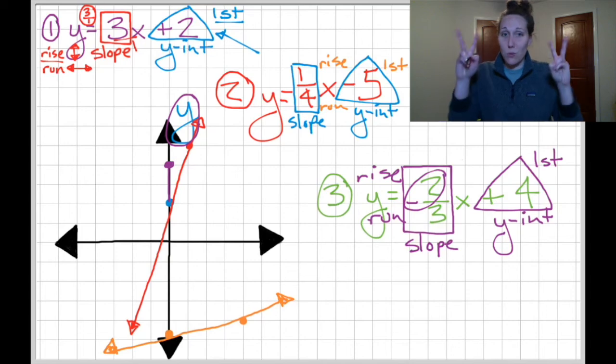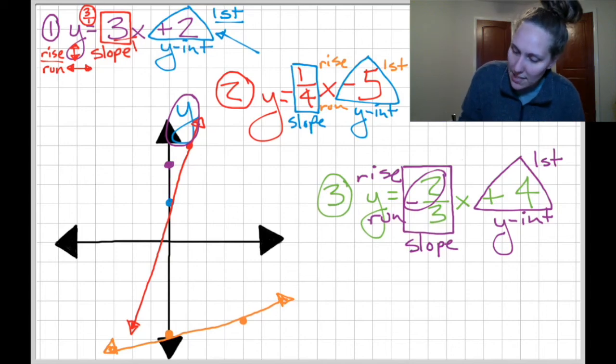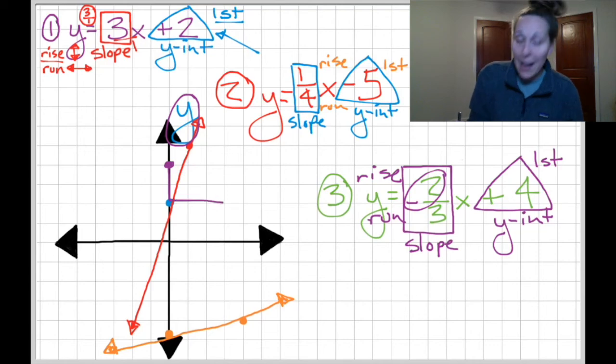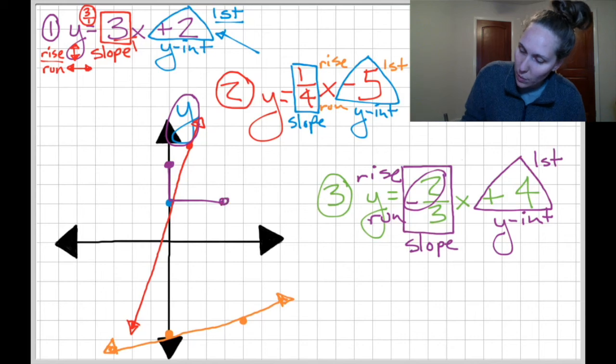So even though it's rising -2, we're really just dropping 2. I know you can't really see it because I'm writing it right here over this black line, but we're dropping -2 and then running +3. And that's where we're going to put our dot right here.